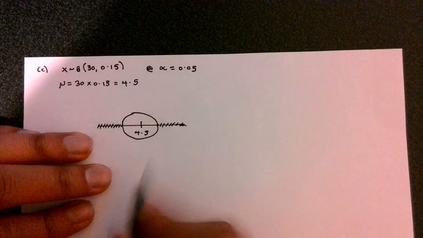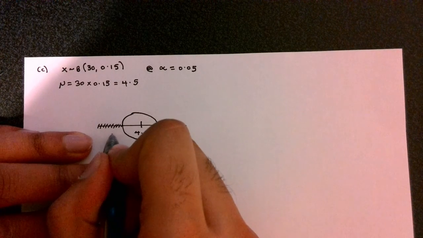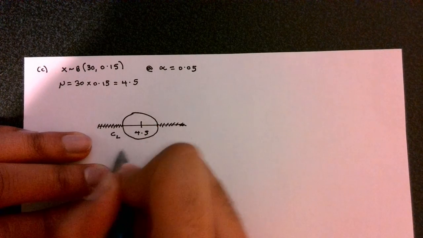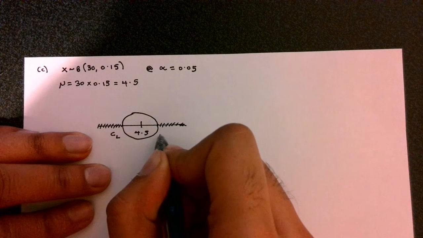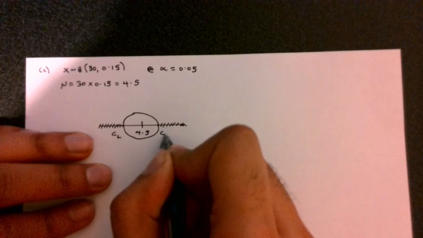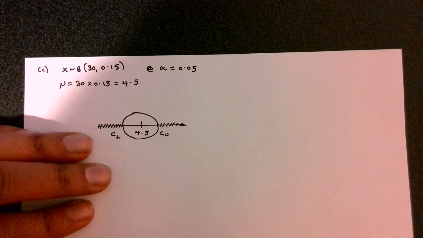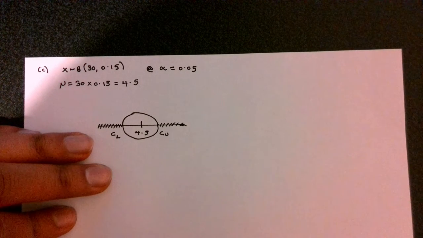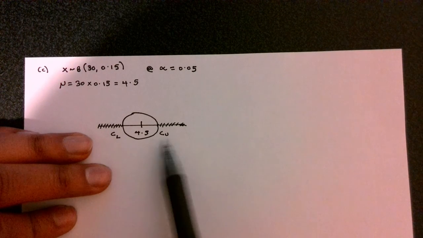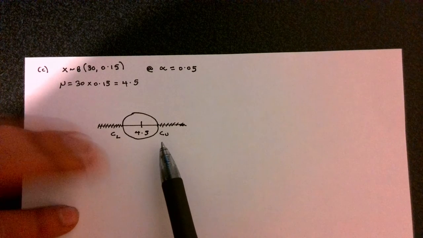Now, we've got over here some lower critical region, we'll call it CL, and here we've got some upper critical region, we'll call that CU. And we need to find out these values of CL and CU.